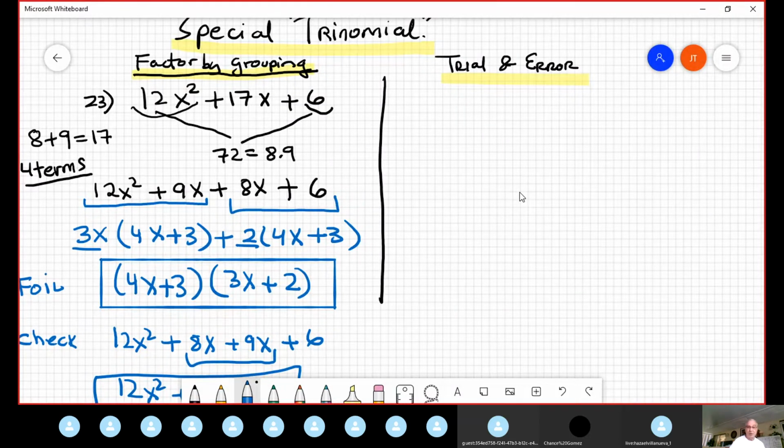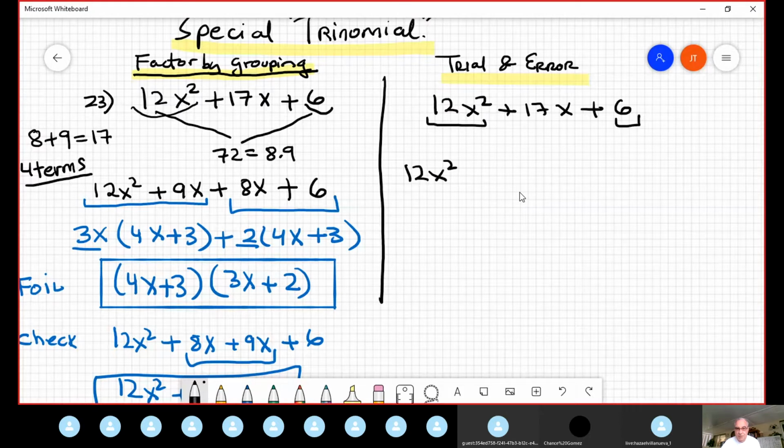Okay, trial and error. Let's do trial and error on the same problem, but in another way, and you make a decision about which way you prefer. You take this and this. I copy here separately. 12x squared: we have several combinations, 12x times 1x.